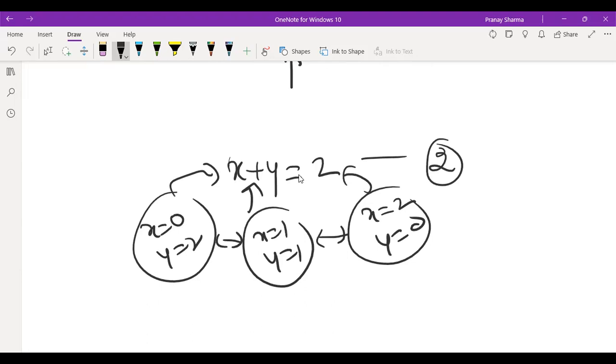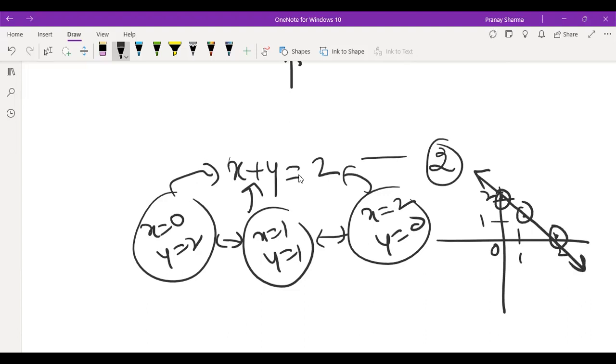Why are these known as solutions? Because these points are satisfying this equation. And if you see graphically, all right. So if we represent these points, this is how the line will look.